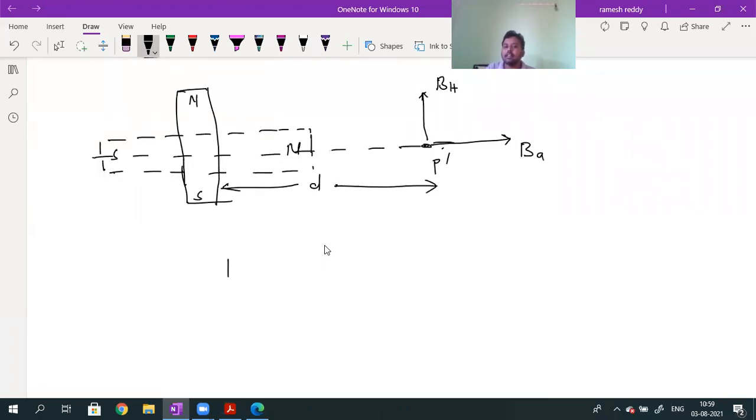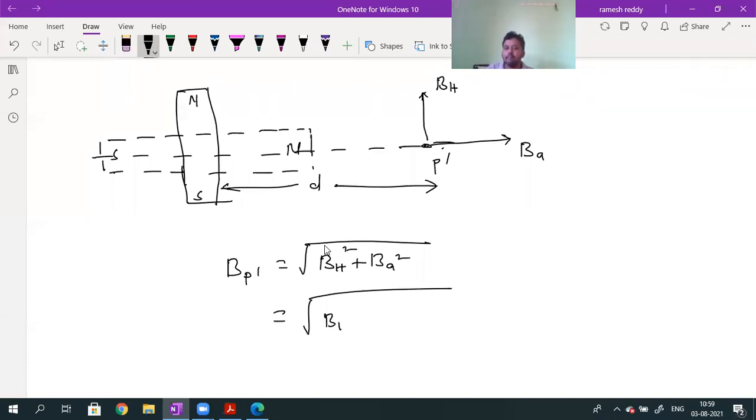At P dash, the resultant magnetic field is given by, since BH and BE are both perpendicular, BP dash is the square root of, when both vectors are perpendicular, BH square plus BA square. BH square I am writing as it is.